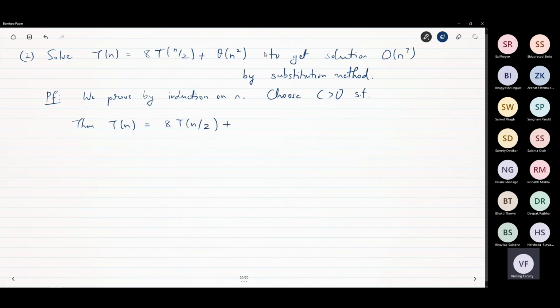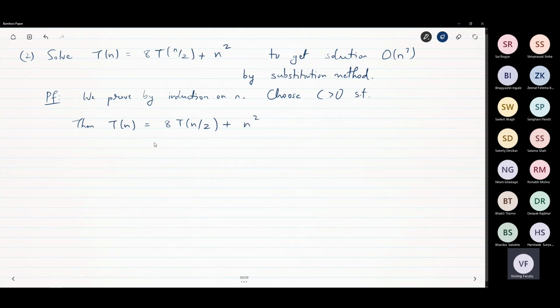So we can just consider theta. We have been doing that, right? In the substitution method, we just take n square instead of theta n square, or you can take some c prime n square and then try to work it out, but you don't really need to do that. The answer will not change. So in the substitution method, f of n is always taken as a pure term without the notation.